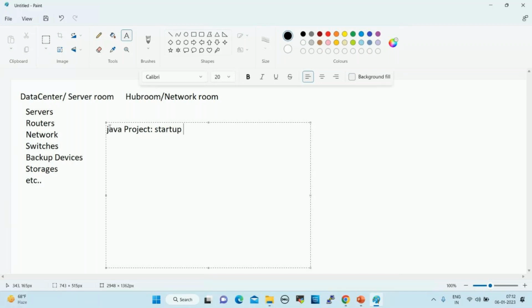If someone started a startup company and is trying to get one project from a client, before getting the project they need to showcase something to the client.